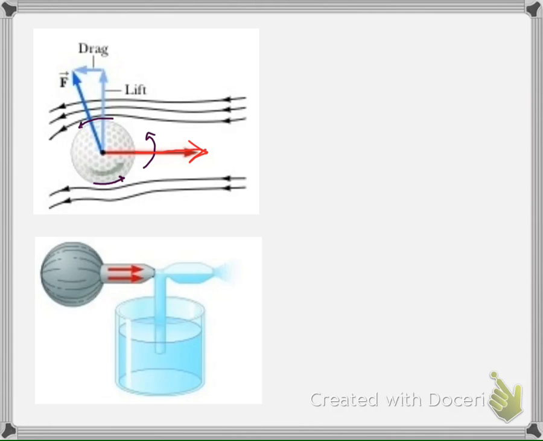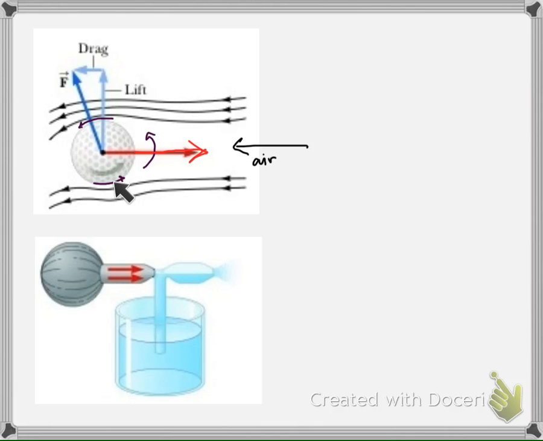Equivalently, we can say that the air moves to the left. So if you look at the line of flow of the air, it flows from the right to the left, and the ball also spins or rotates.